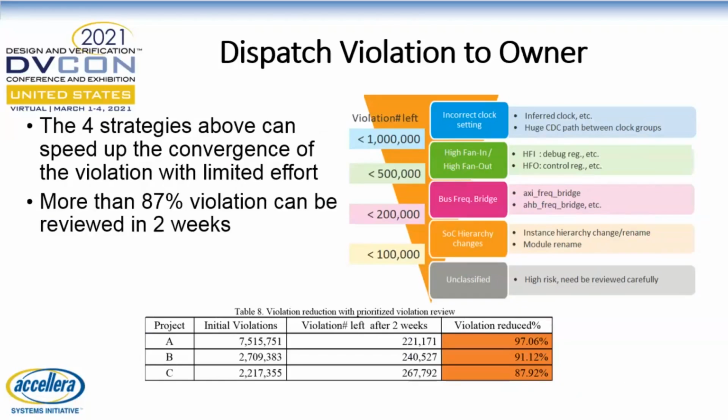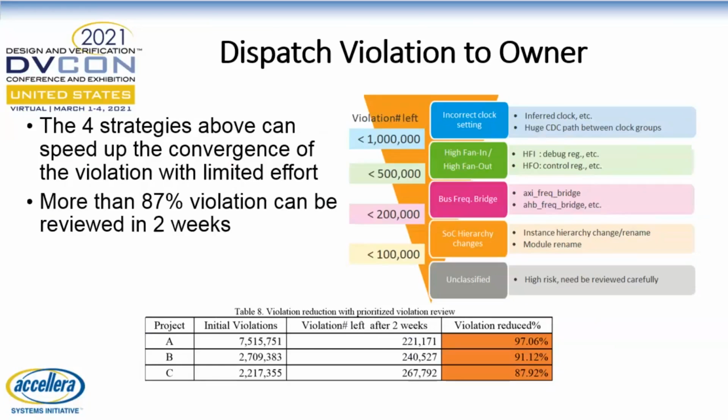After applying the CDC design spec of the bus fabric, the violations dropped to 200,000. After fixing the sample errors in the design spec, the number of violations dropped to 100,000. At this time, the remaining 100,000 violations can be distributed to the respective owners for further checks.